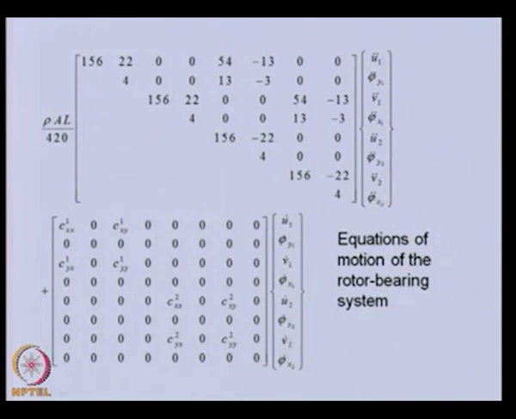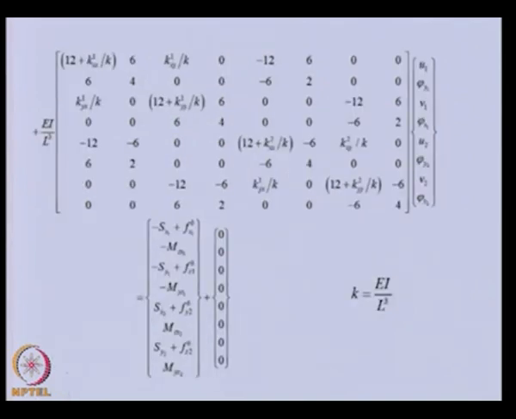Similarly, the stiffness of the shaft as well as of the bearing we have combined here. You can see the contribution of the bearing to the shaft element stiffness are these. These are the contribution from bearing 2 and these are from bearing 1.